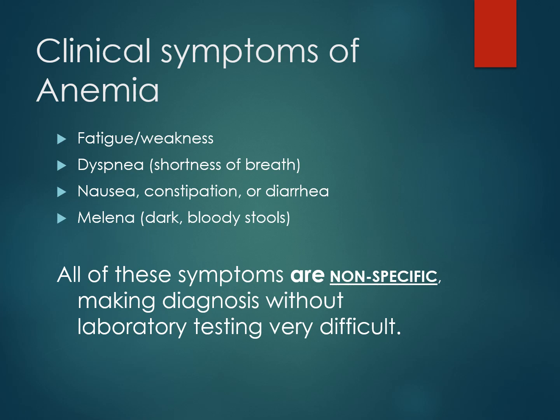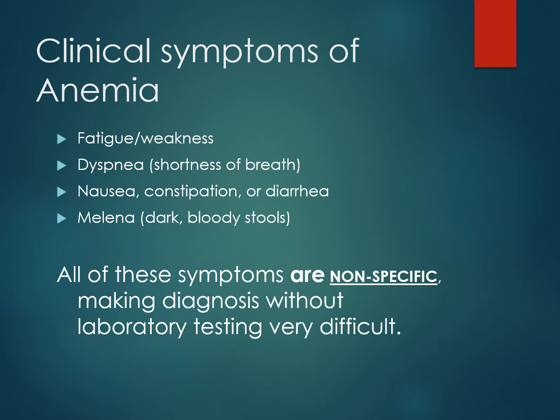So sometimes a patient will come into the doctor's office and just have some very non-specific clinical symptoms that could be associated with anemia. So some of the clinical signs and symptoms of anemia are fatigue and weakness, dyspnea, which is shortness of breath, nausea, constipation, or diarrhea, melena, which is basically dark, bloody stools.